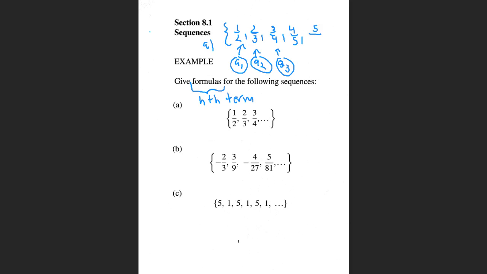And then on the bottom, that's right, 5, 6, and so forth. So we have all these terms, but what we want to know is, what's the nth term? What's a sub n?